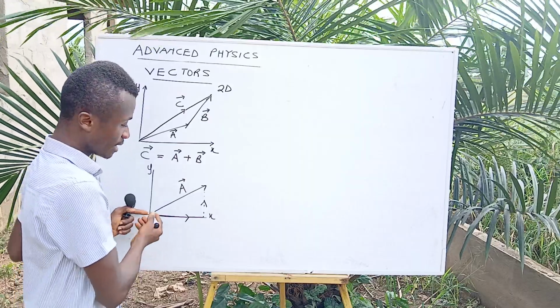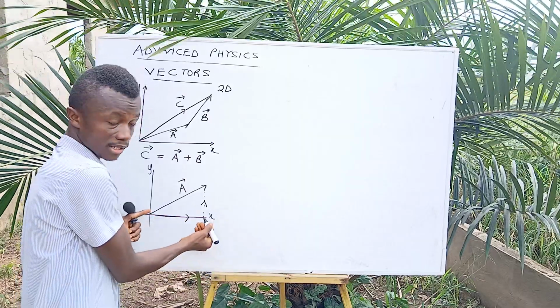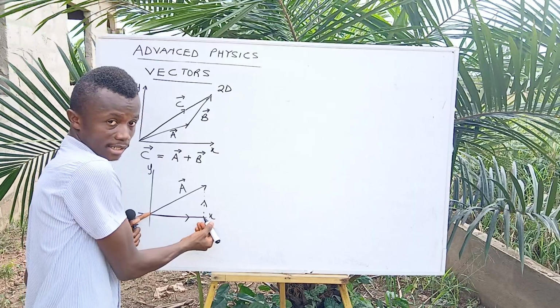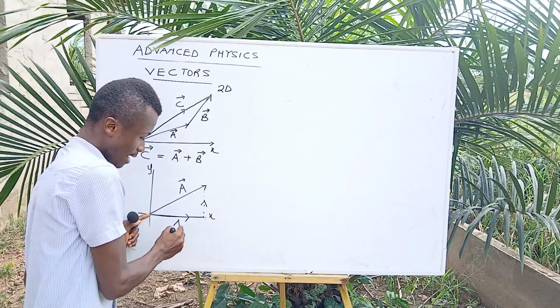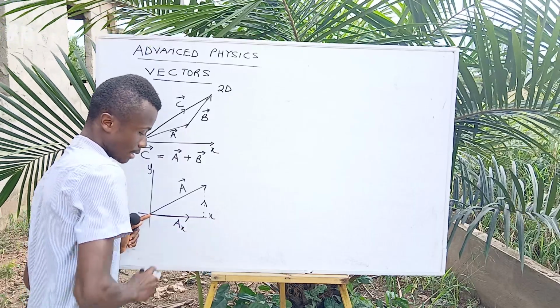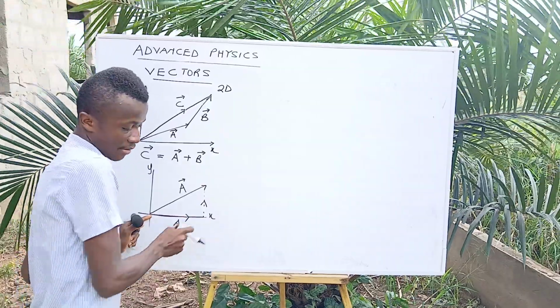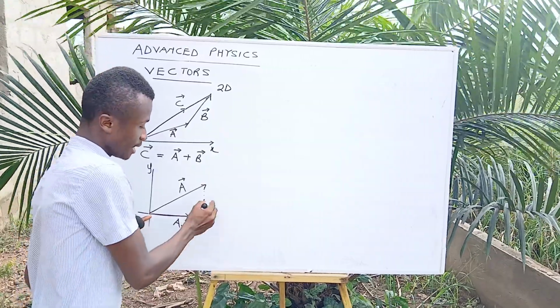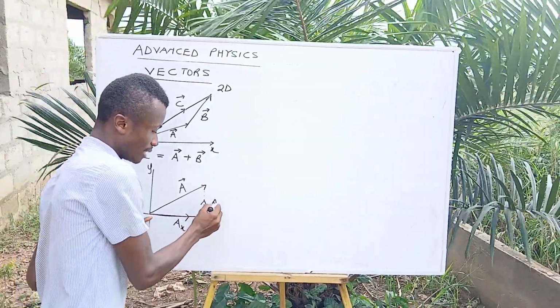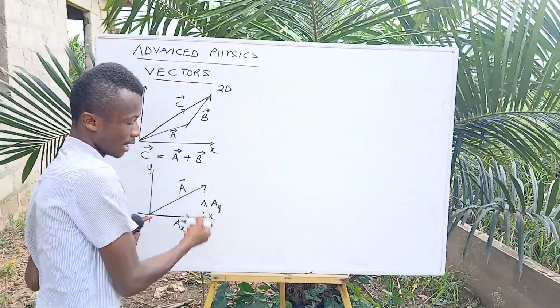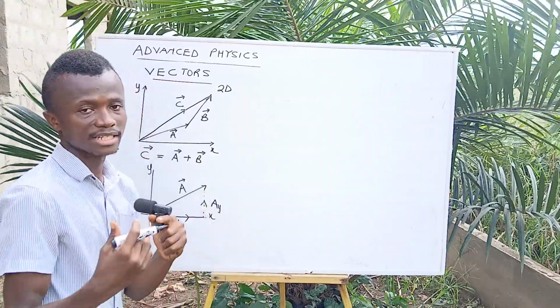Now, the component in the x direction has a length, and this is the length. That length can be denoted as ax, the magnitude in the x direction. Then the component in the y direction will have a magnitude ay. This is just a denotation.